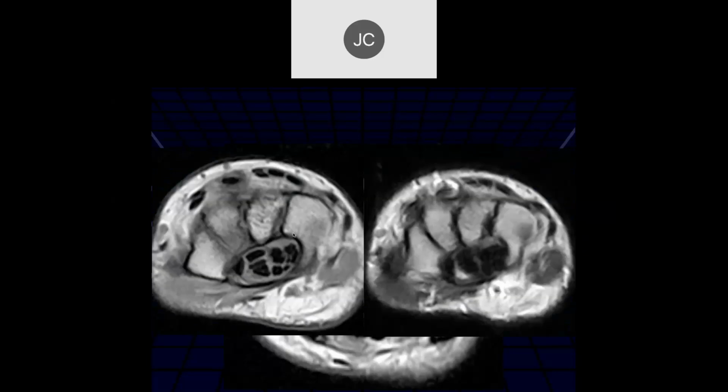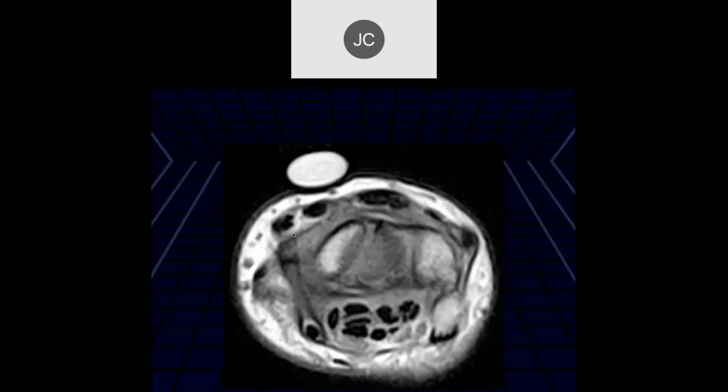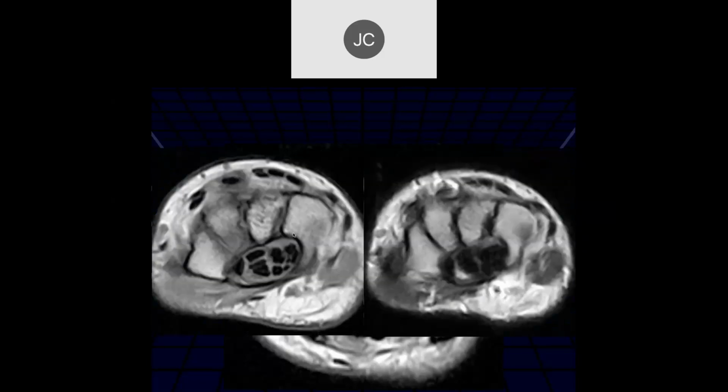Here, a little bit more distal. The next cut, it looks like there's some fluid surrounding the adjacent tendon. Here we're a little bit more distal, and this is a partial tear of the ECRB.